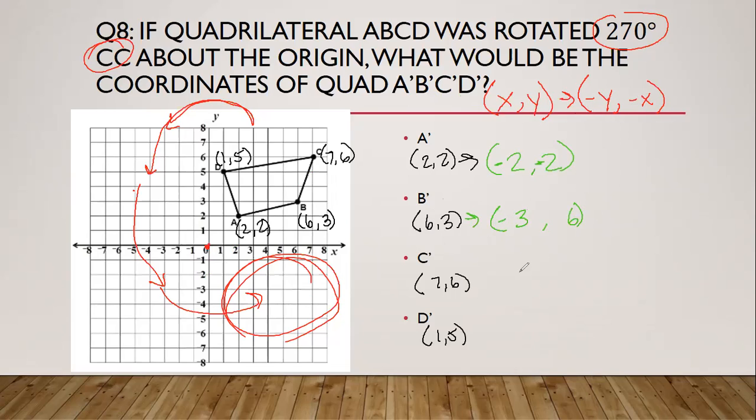So this +3 becomes negative, +6 becomes negative. Okay. For this one here, (7, 6), switch places, 6, 7. Positive becomes negative. Positive becomes negative. Okay. And then switch the places again, 5 and 1. And again, positive becomes negative, positive becomes negative.